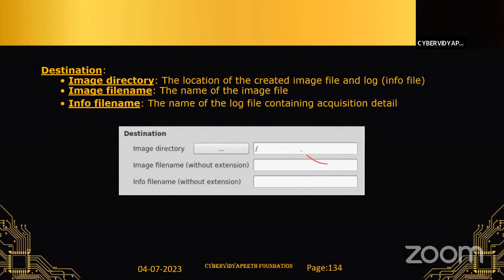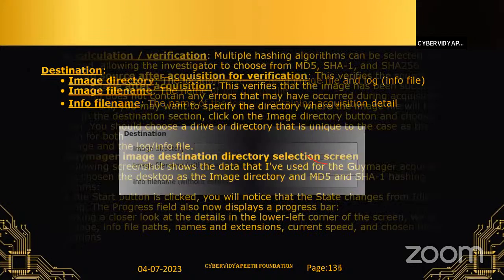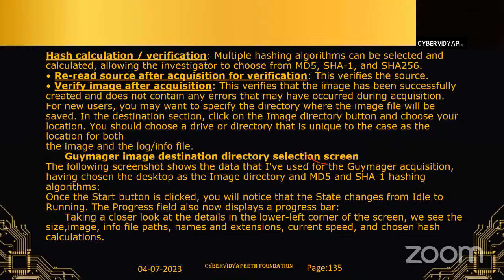Just let me take you through. It takes you to the image directory where the image will be placed. Image file name is the name of the image file. Info file name is the name of the log containing acquisition details, which normally carries the hash values. And then hash calculation and verification you can do. Re-read source after acquisition for verification, then verify image after acquisition.